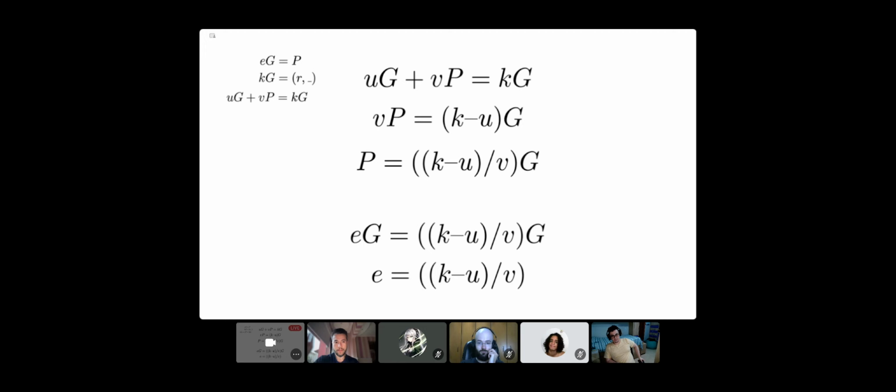Little r will be part of the signature. It will be used to validate the signature. But I also have to use K to build U and V. So U and V are somehow linked to little r. Do you agree? Yes. So I choose K, but I have to choose once and fix it.